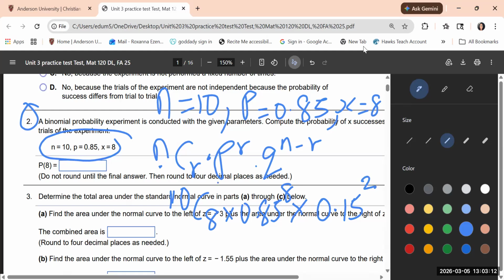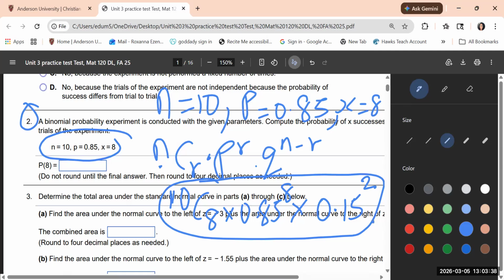So if I evaluate this by hand, I'll get the answer. But really, I don't want to evaluate it by hand. If you evaluate it by hand, 10 combination 8 multiplied by 0.85 to power 8 multiplied by 0.15 to power 2, either way, you get the answer correctly.